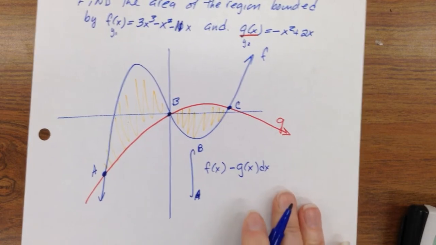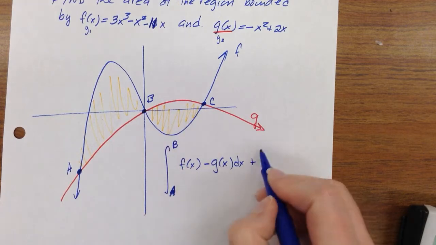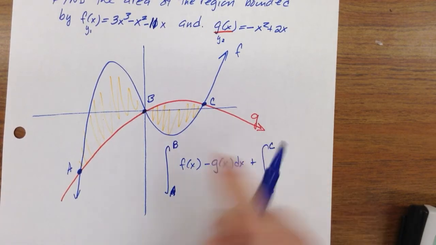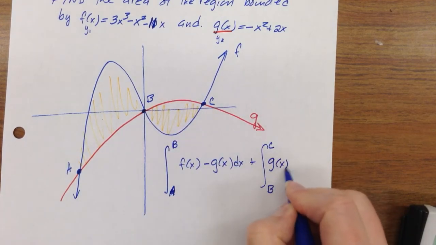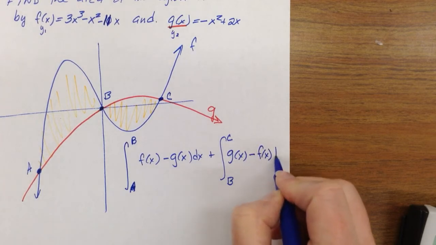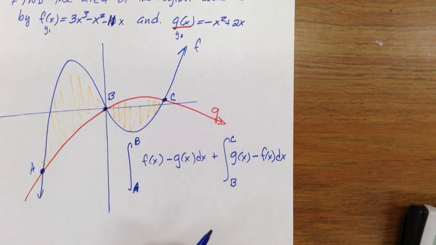I would then add to that the second area, which would be the area from B to C. Now it is G on the top, minus bottom. So, two separate pieces. We are going to go ahead and find these points of intersection.